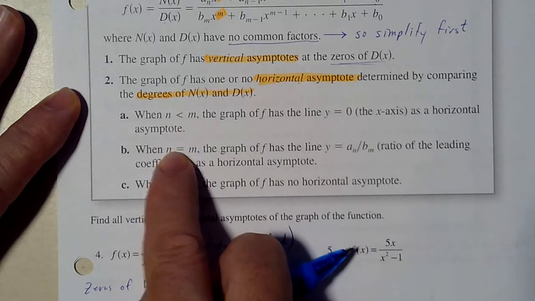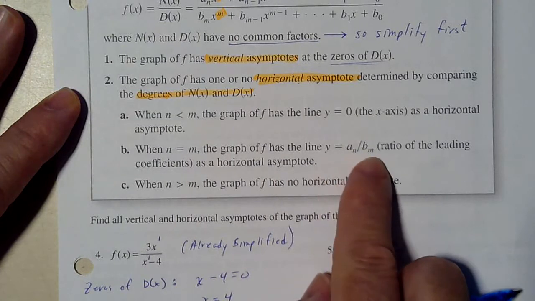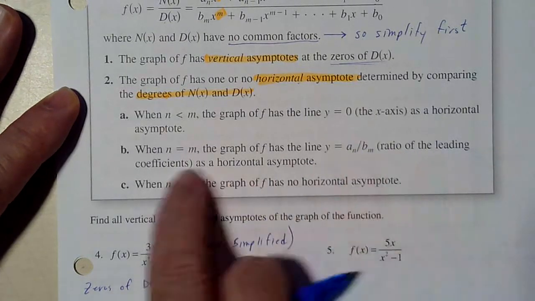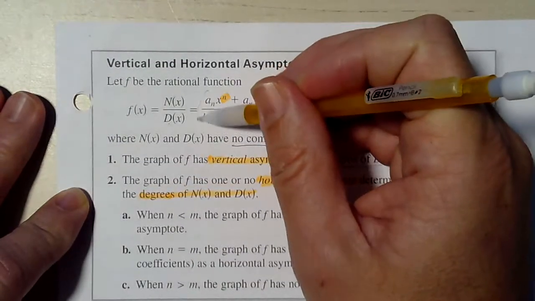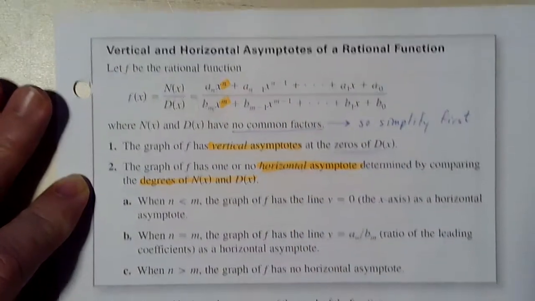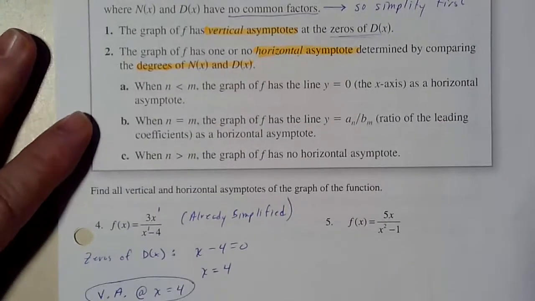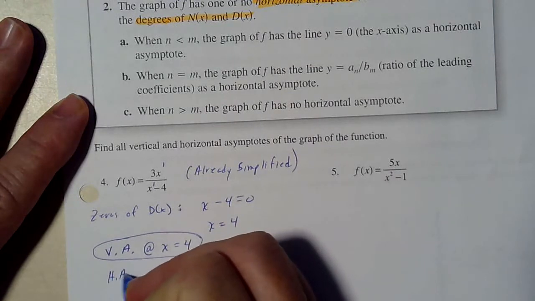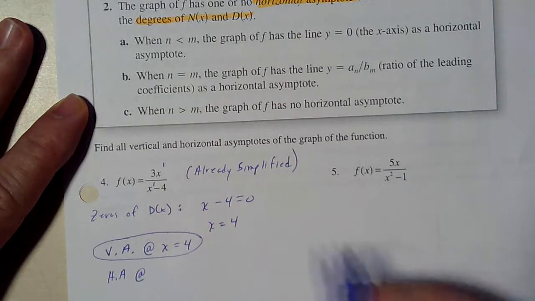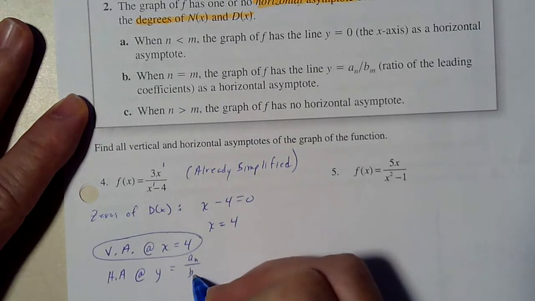So when the degrees are equal, the graph of f has the line y equals a sub n over b sub m. It's basically the ratio of the leading coefficients. It's easy. Where is a sub n and b sub m? It's right here. All you got to do is divide them, and you get the horizontal asymptote when this condition is met. So there's a HA at y equals a sub n over b sub m.